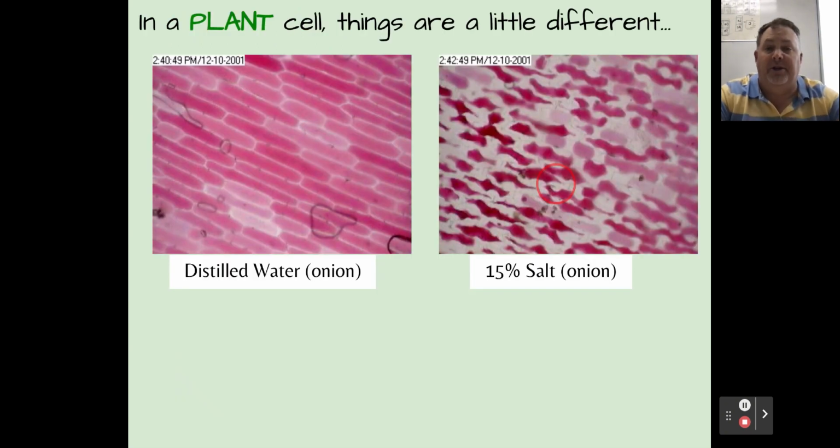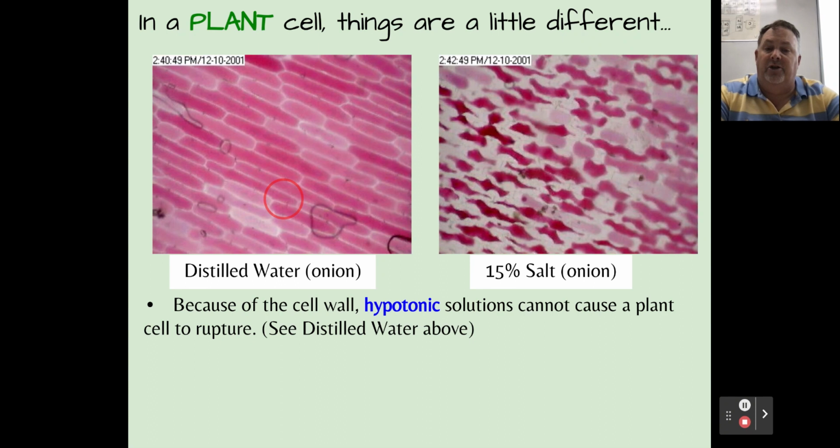In a plant cell, it's a little bit different, where we have distilled water in like an onion cell. So the cells are stained pink. Really hard to see the nuclei here, but you can definitely see the white lines as our cell membrane and cell wall. So in this particular scenario, what you're seeing is the cells are increasing in size in a hypotonic solution.